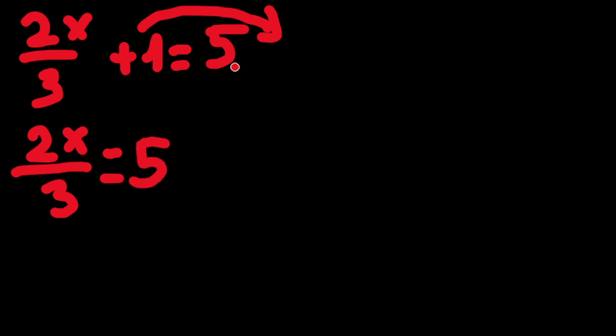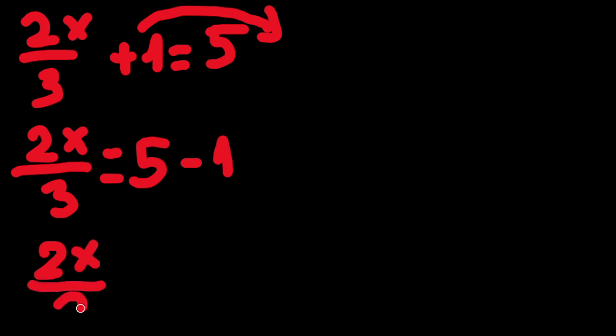And now plus 1, when we bring it to the other side of the equal, it's going to be minus 1. Now 2x over 3 equals 5 minus 1 equals 4.